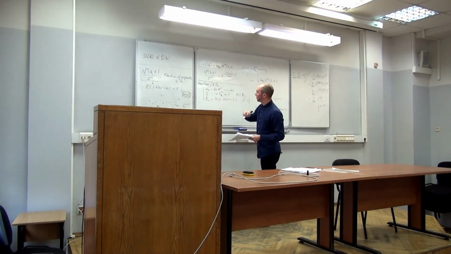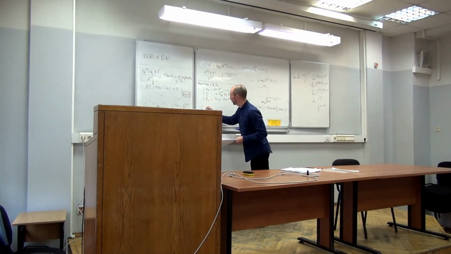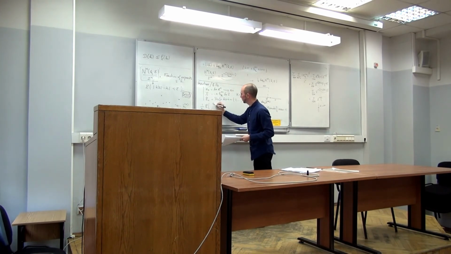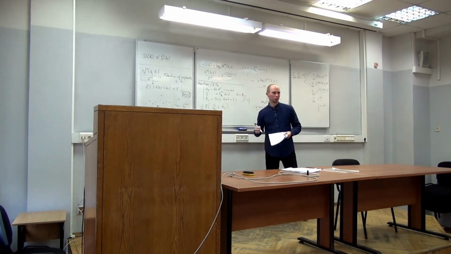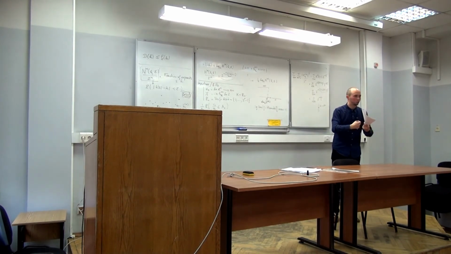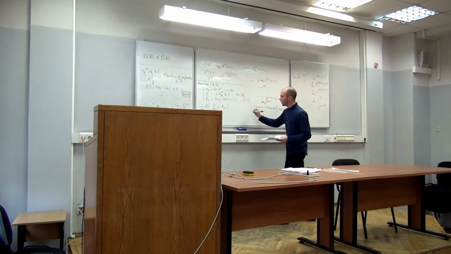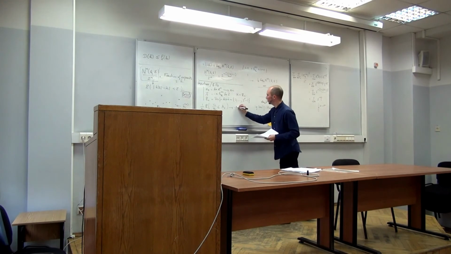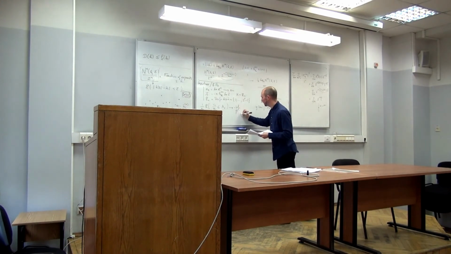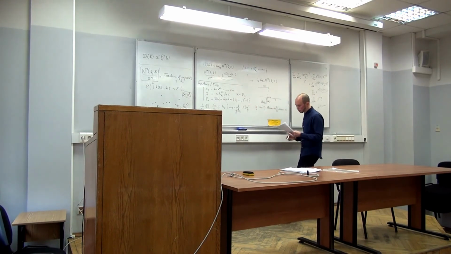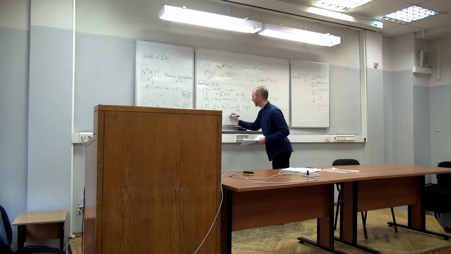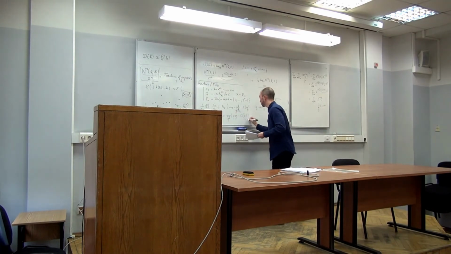Now the result of Gardner and Ellis tells you that if you look at probabilities that yn over an belongs to some set A, I'm going to denote A epsilon because it will shrink towards a single point at the end, well, this goes to minus the infimum over y in this set A epsilon of I of y, where I of y is the supremum over q of qy minus some other function c of q.